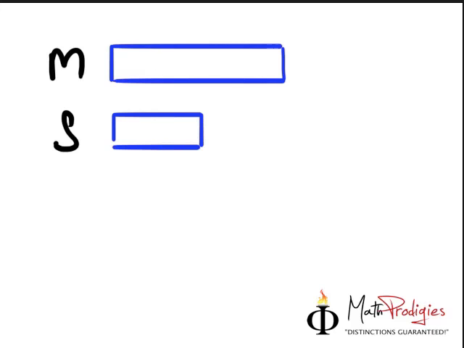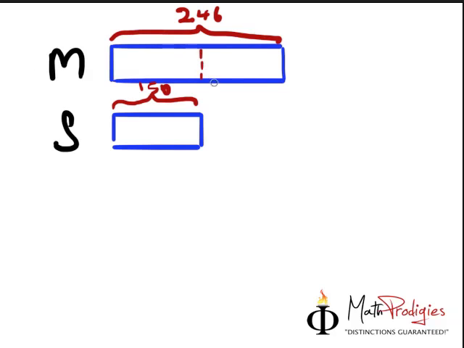So this is 246 as we've learned just now. Am I right? 246, and this was 150. The question is, how much money must Mark give to Spencer? So the difference is this much. Actually no need.